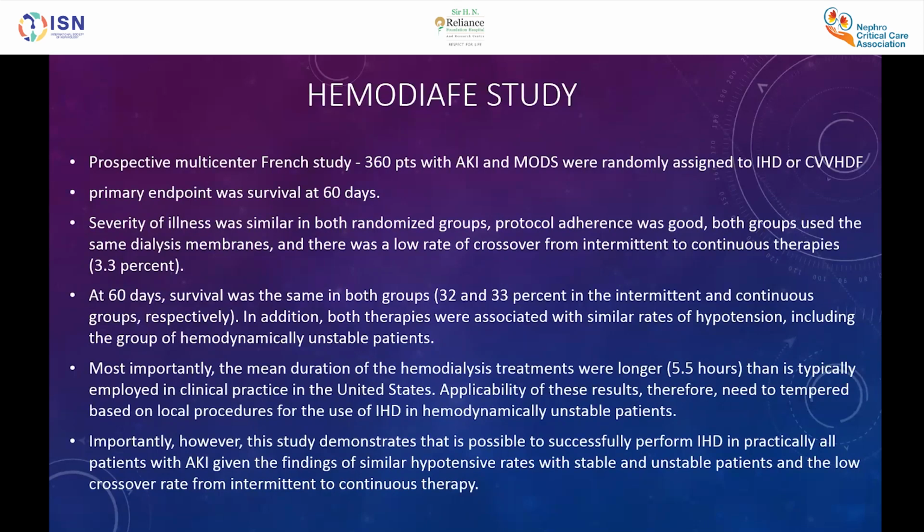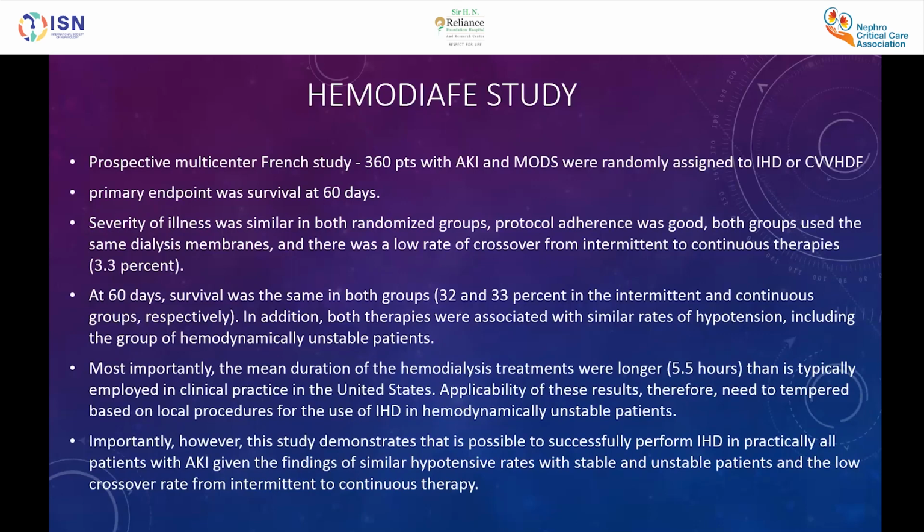So at the end of 60 days, survival was the same in both groups. In addition, both therapies were associated with similar rates of hypotension, including in the group of hemodynamically unstable patients. Most importantly, the mean duration of the hemodialysis treatments was longer than that typically employed in the US, around 5.5 hours.